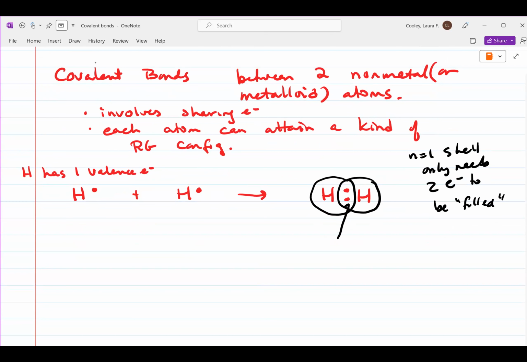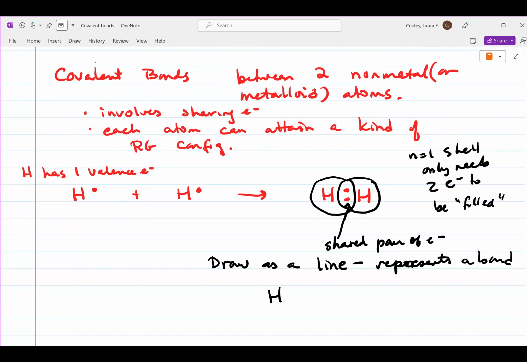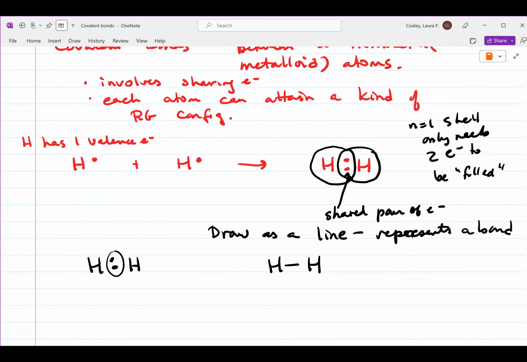And this is the shared pair of electrons, which we draw as a line, which represents a bond. So we would draw this simply like that, H dot dot H, or H-H. This is the shared electron pair.